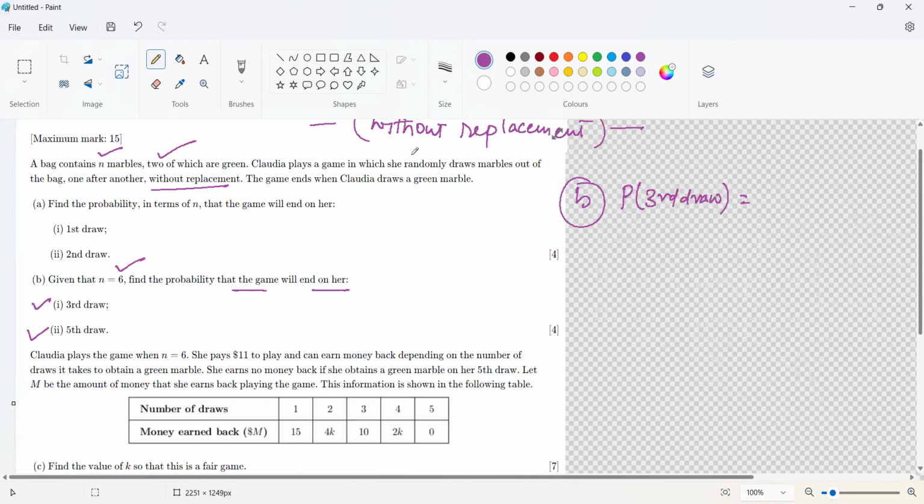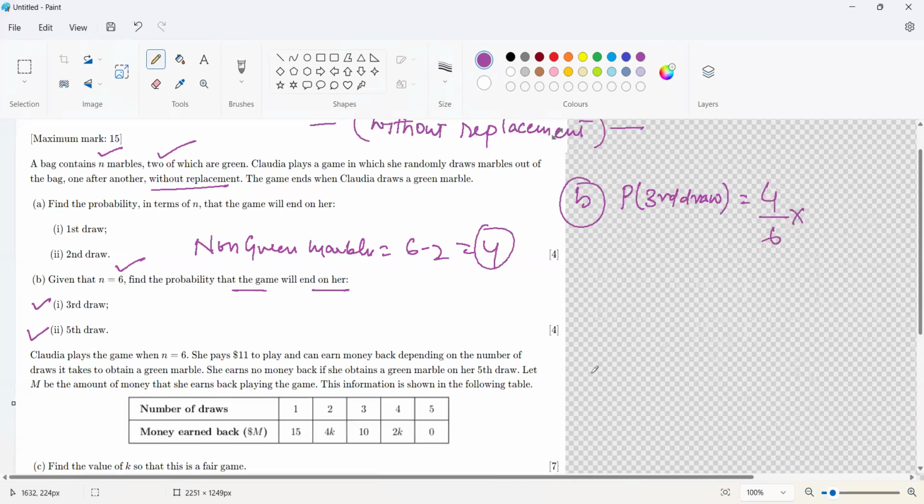So what happened before the third draw? In the first two draws, she was not able to pick the green marble. It means out of 6, how many non-green marbles are there? 6 minus 2, 4 non-green marbles are there, isn't it? So the first time she draws 4 out of 6.